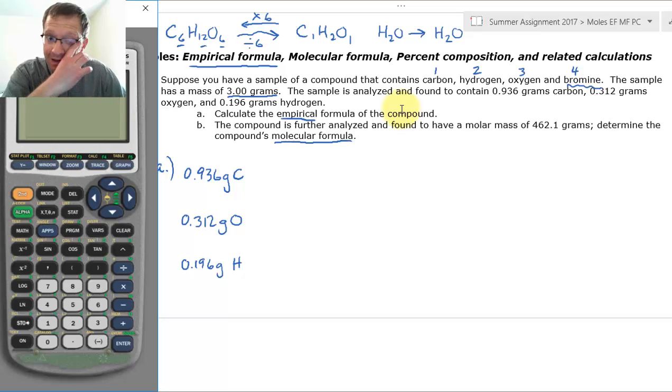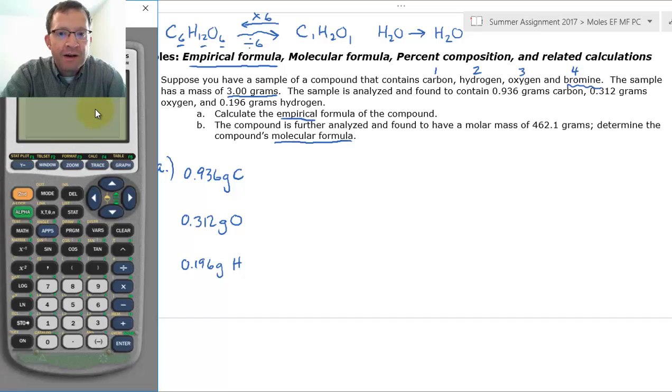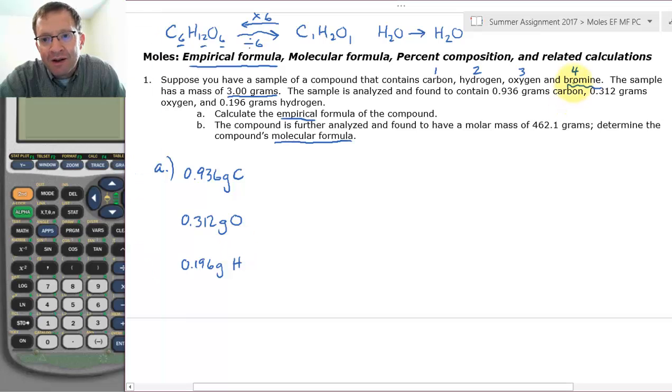There we go. And I'm going to subtract out the other elements. I know I've got a 3 gram sample here, and I'm going to subtract from that the 0.936 grams of carbon, the 0.312 grams of oxygen, and the 0.196 grams of hydrogen. So I'm just subtracting those out, and that leaves me with 1.556 grams left. That means the bromine in this compound is the rest of that mass, the 1.556 grams that weren't mentioned earlier.